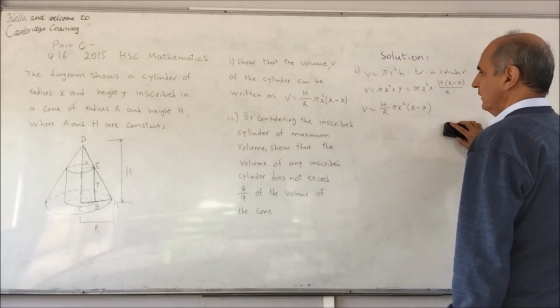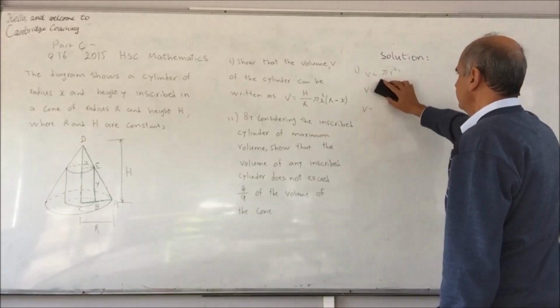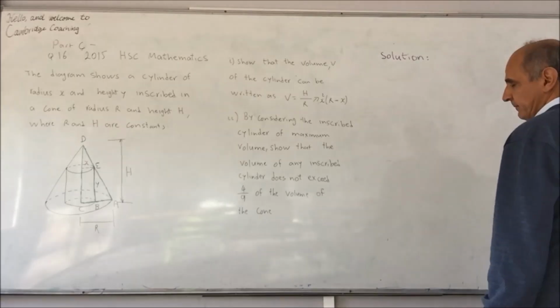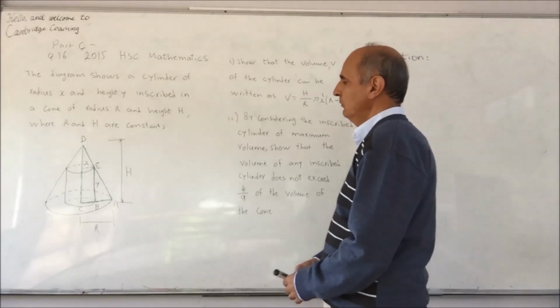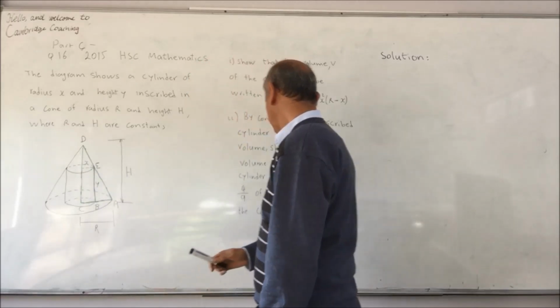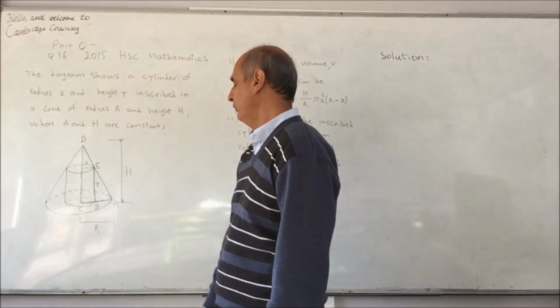For part II, they are saying the cylinder will never exceed 4/9 of the volume of the cone.